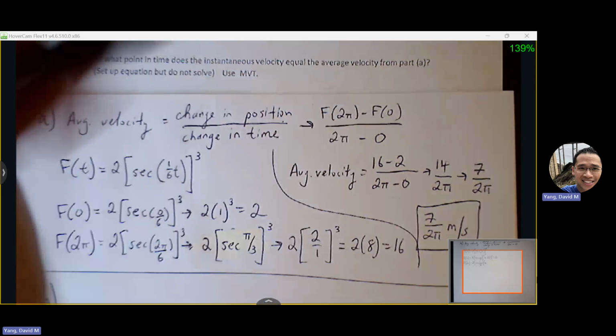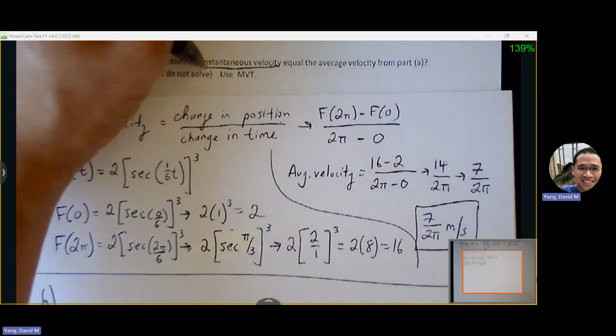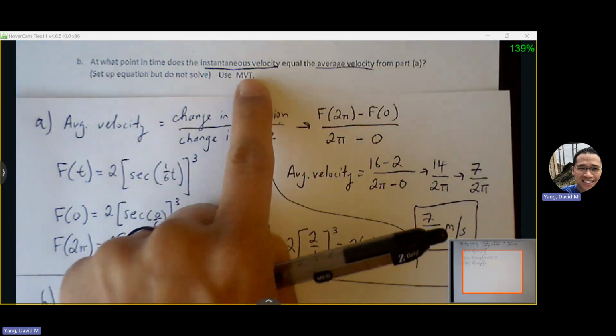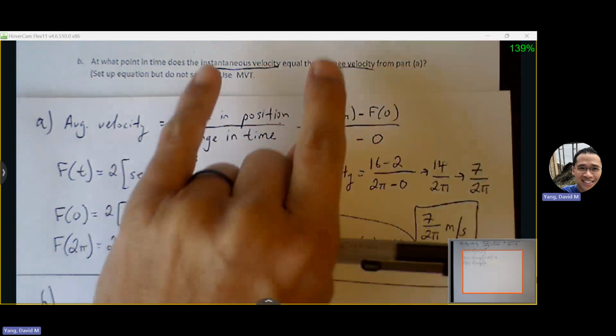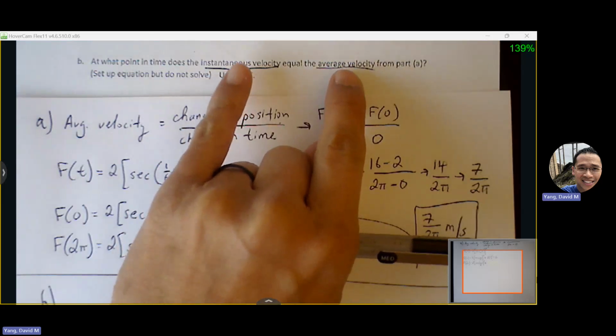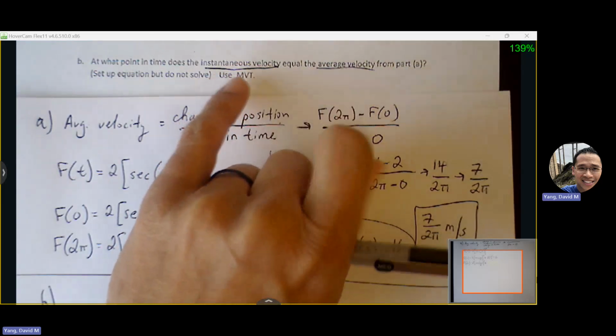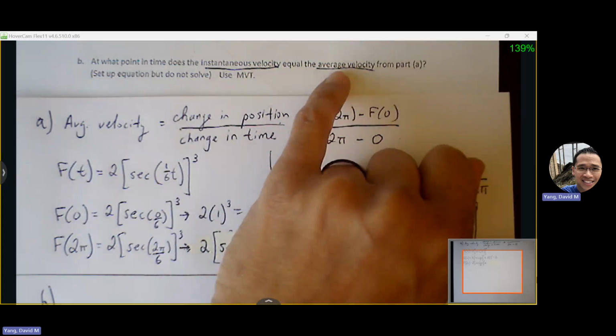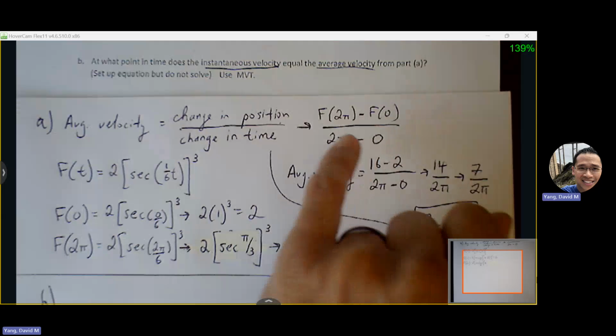So anytime we see this description, instantaneous rate of change equaling the average rate of change, instantaneous velocity equal to the average velocity, this is an indication that they're describing mean value theorem to us. Right? Instantaneous velocity is the derivative component. Average velocity is the slope component.